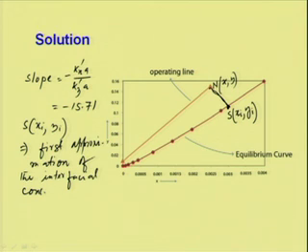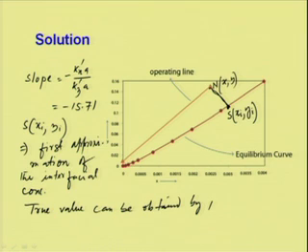Then the true value can be obtained by plotting a line with the slope minus k_x a by k_y a, which will meet at some point on the equilibrium curve.